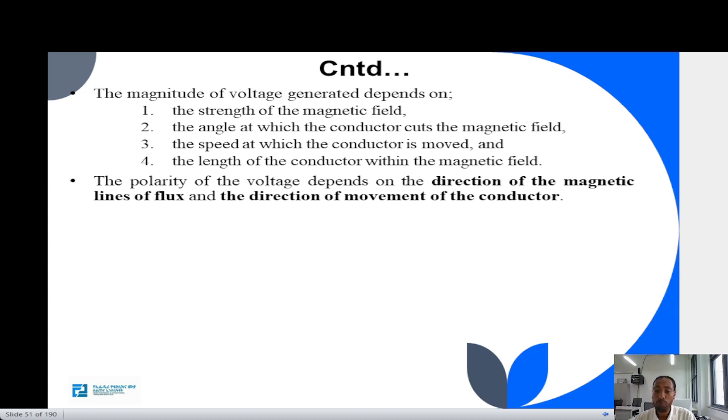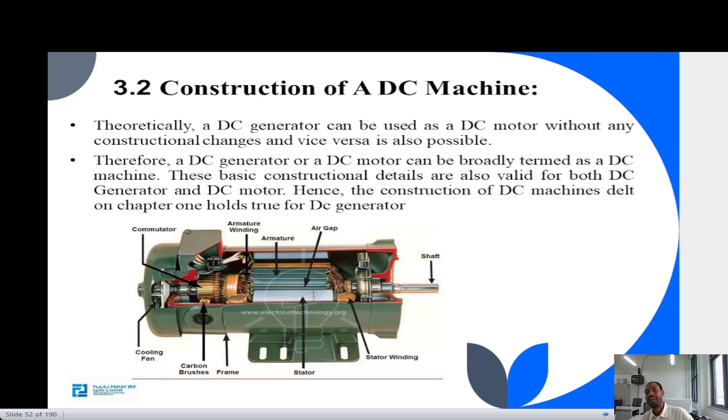And the polarity of this voltage depends on the direction of the magnetic line of flux and the direction of the movement of the conductor. Obviously, when the direction of the magnetic line of flux changes, the polarity will be changed. And when the direction of the movement of the conductor changes, the polarity of induced voltage is going to be changed.